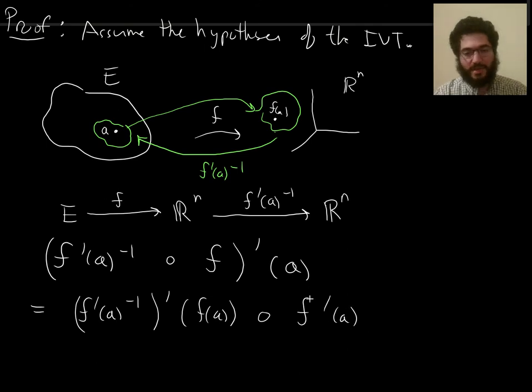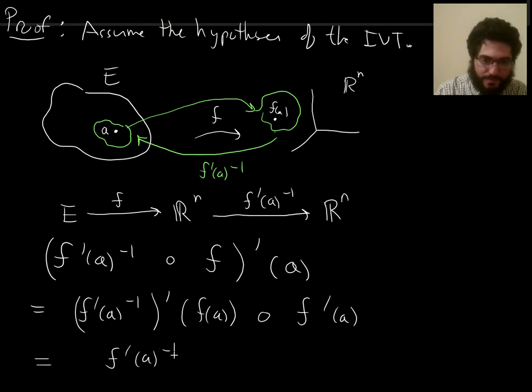Okay, but hang on. If you take a linear map and take its derivative, at every point, the derivative of a linear map is itself. Right? So the derivative here, no matter what I plug in, be it f of a or something else, I'm just going to get the linear map itself. The derivative of a linear map is itself. And look, now I have a composition f prime of a, this linear map, composed with its inverse.